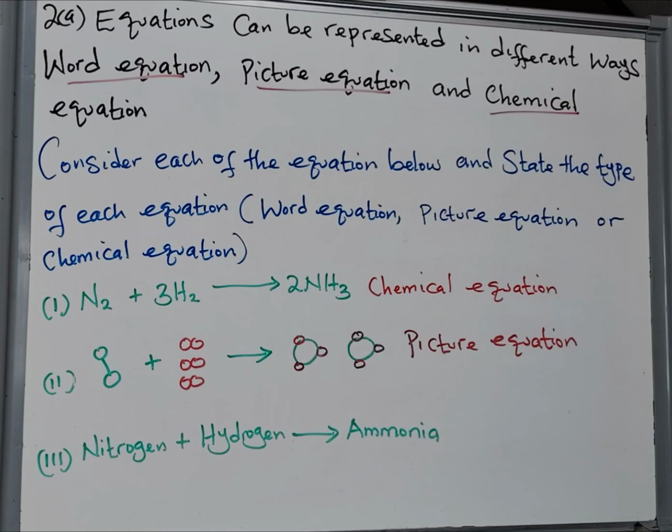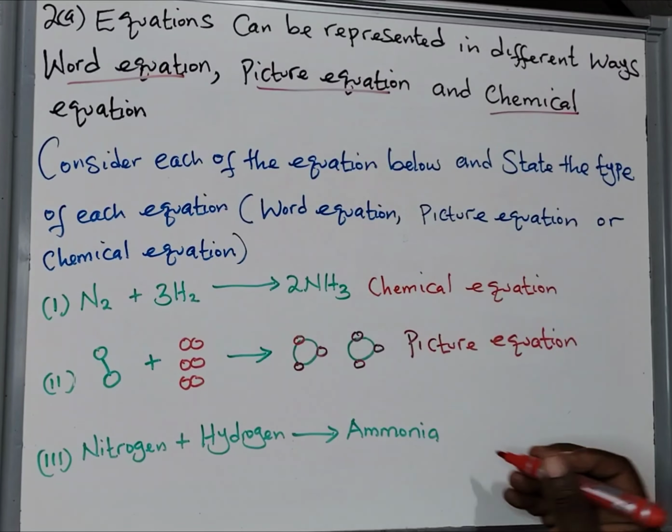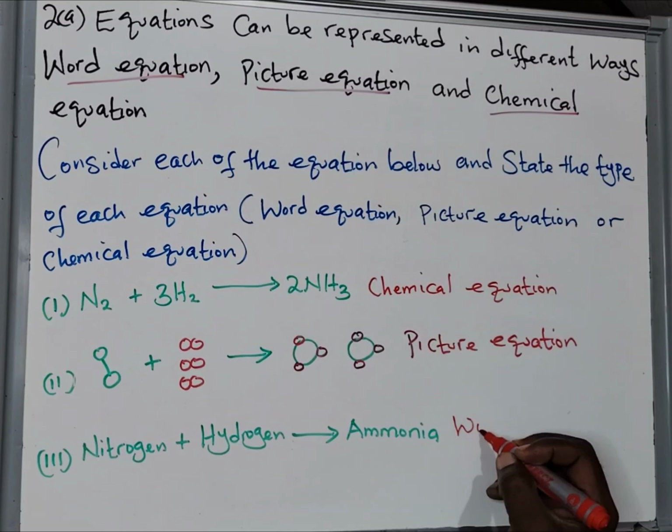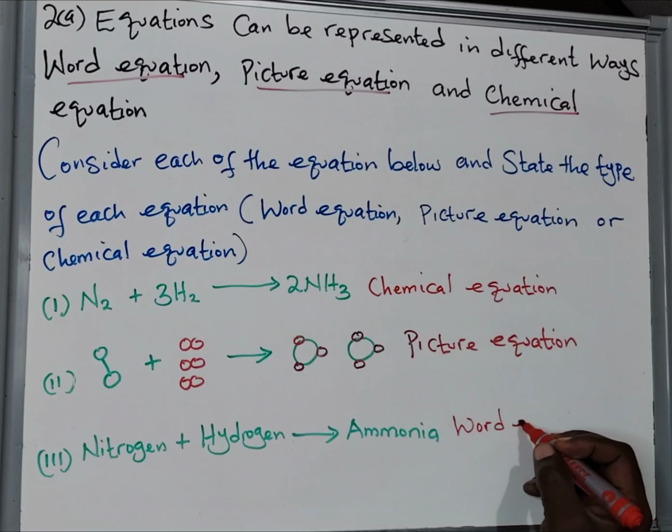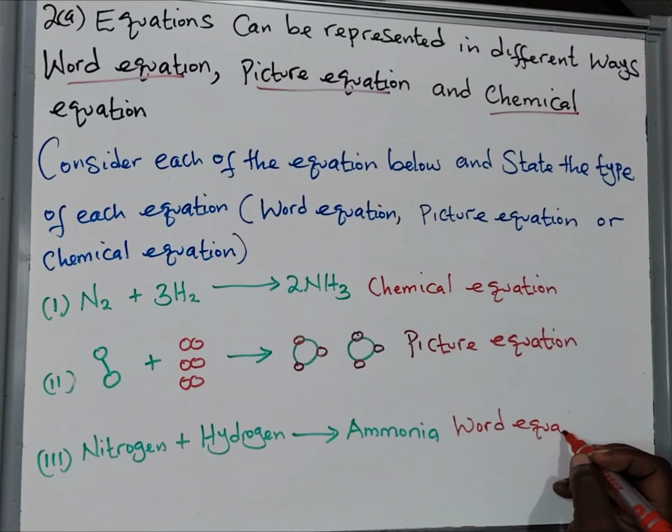Okay. Then we come to this one. We are having nitrogen and hydrogen giving ammonia as words. So what type of equation is this one? This one is called a word equation.